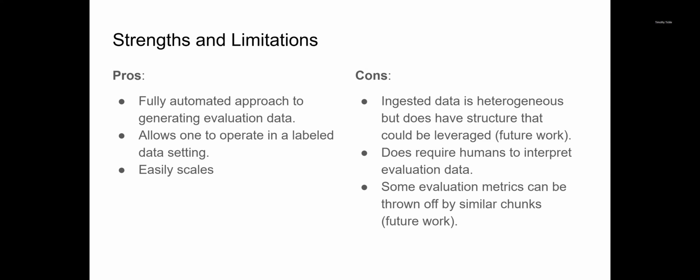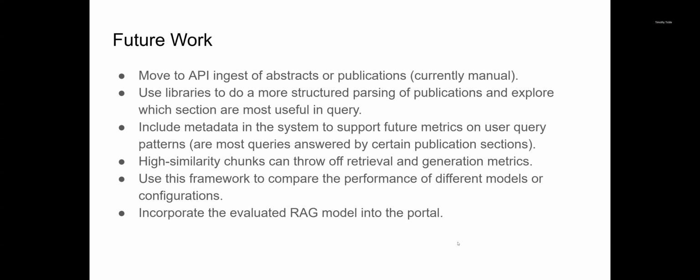You could imagine another layer being put on top of it that could do that as well, like gradient search within some configuration space or something, which would be interesting, but is not done. And then some of the metrics, I believe, can be thrown off by other chunks that are highly correlated to the chunk you're wanting coming into play, and sort of confusing the answer a little bit.